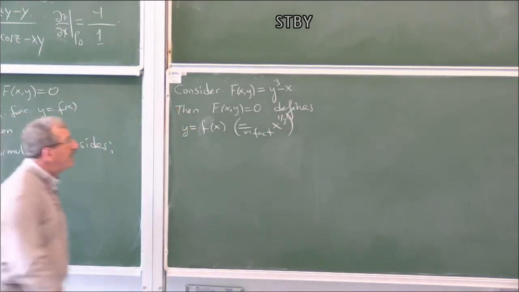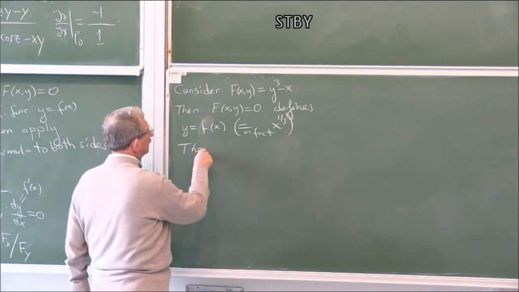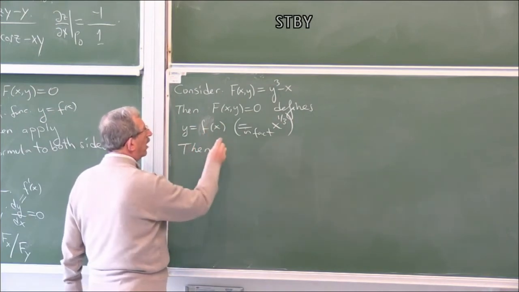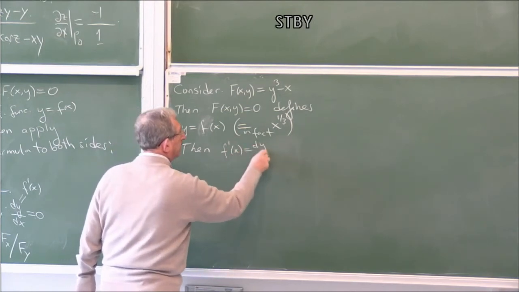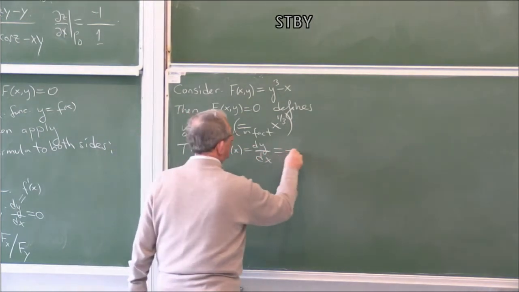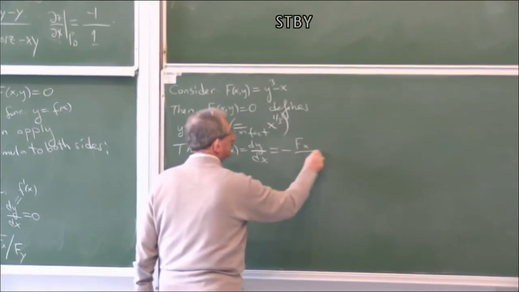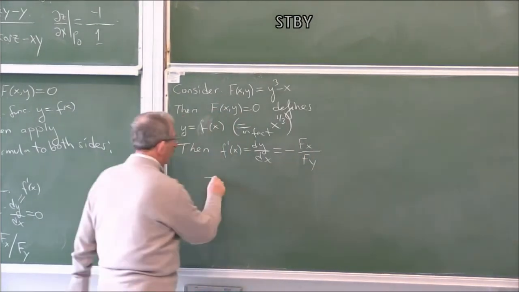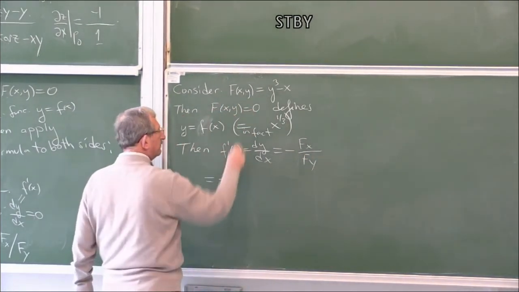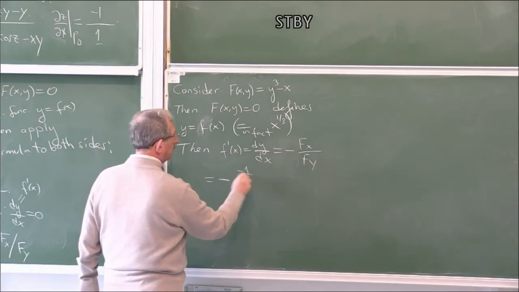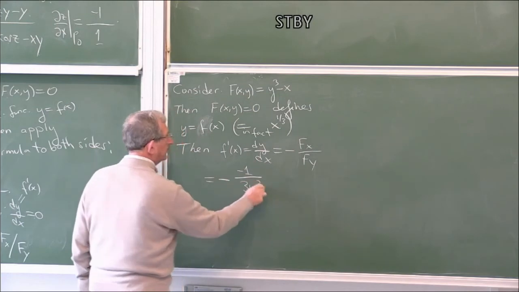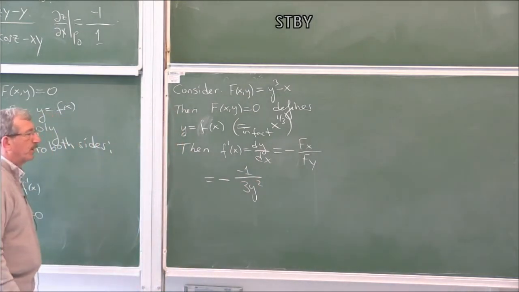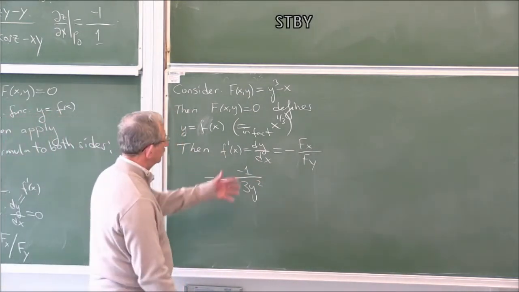Okay. Then, the derivative of y, namely f prime x, that is dy by dx, would be minus f sub x over f sub y, which is minus f sub x would be minus 1, and f sub y would be 3y squared. Okay, so this is the derivative.